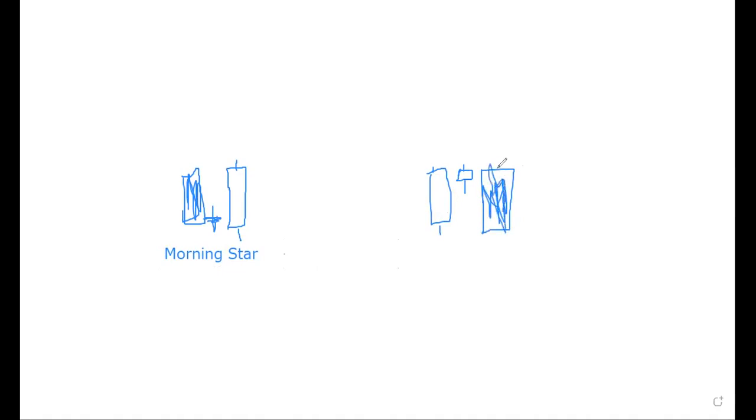Another big bearish candle. So this candle pattern is called the evening star.